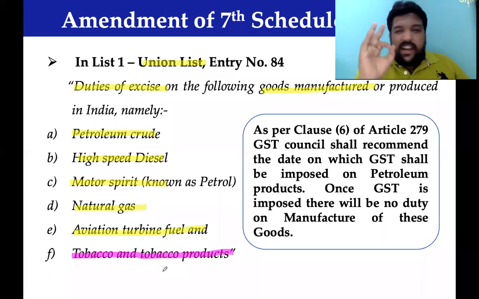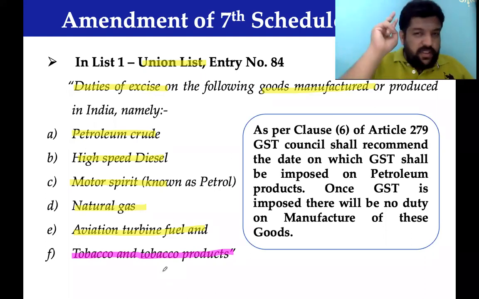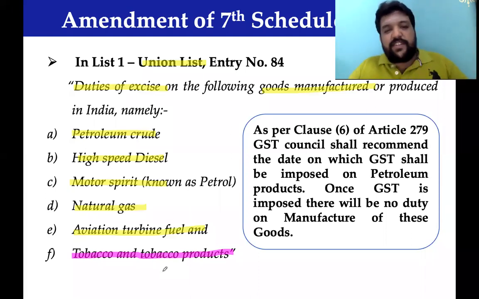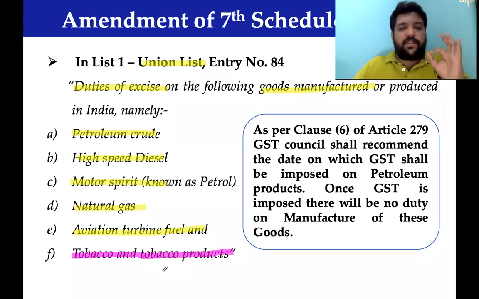Tobacco is the only product which is liable for both central excise duty and GST. Are there products liable for central excise duty and GST? Yes. The only product which is liable is tobacco and tobacco products. But for it, no other product, let me repeat, no other product is covered like that.